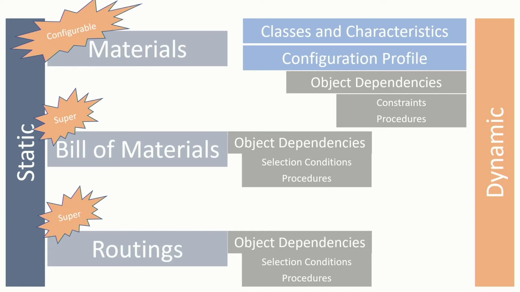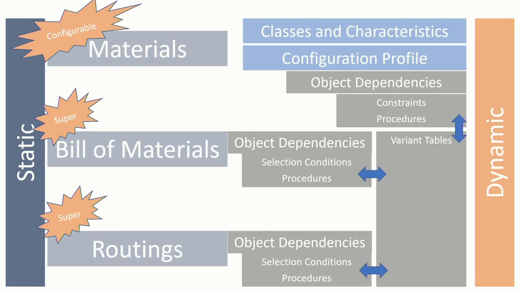And routings, it's the same deal. The other tool we have is variant tables. A variant table is not an ABAP data dictionary table. It's a table that we create using characteristics in SAP.